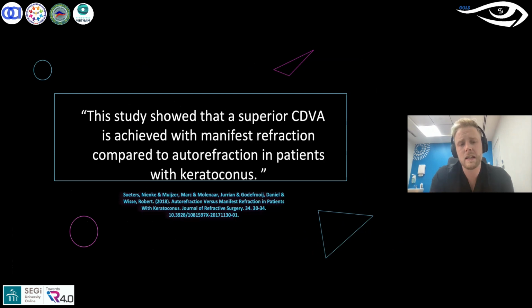Essentially the study that I was looking at showed that manifest refraction and autorefraction can produce similar results in the milder stages of keratoconus, which is what we would expect, because the keratoconus hasn't advanced to a stage where these higher order aberrations are starting to come through in the vision.